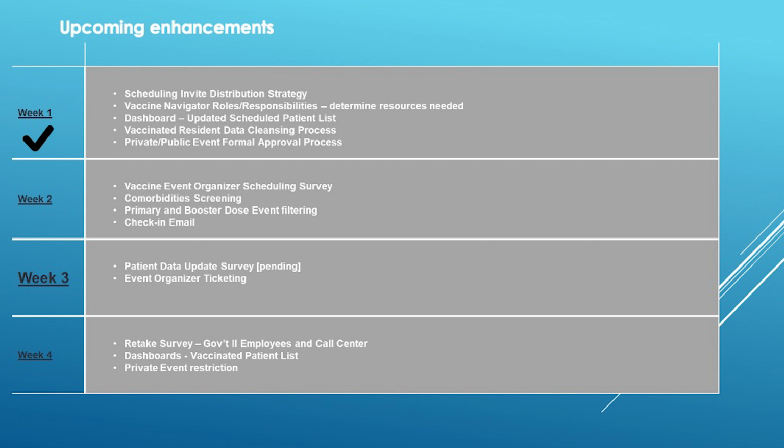If they're not scheduled for that event, we're trying to find a way to share that information with them. Right now, we can't. We're working with legal to find a way. And then we're finding a way for people to retake the survey. If they gave wrong information the first time, we've had a lot of people spell their names wrong, so we're trying to get a way for them to go in and fix their own information.